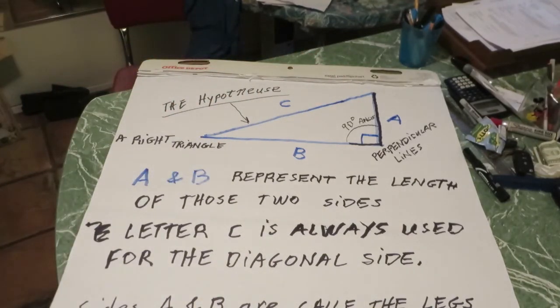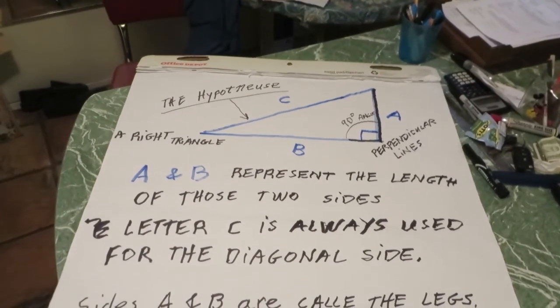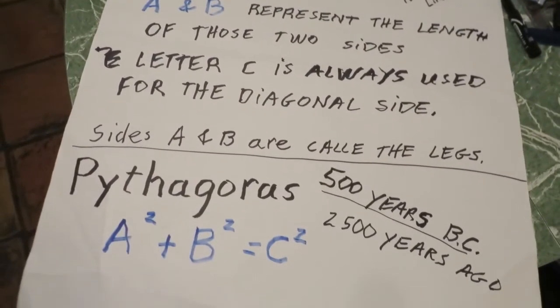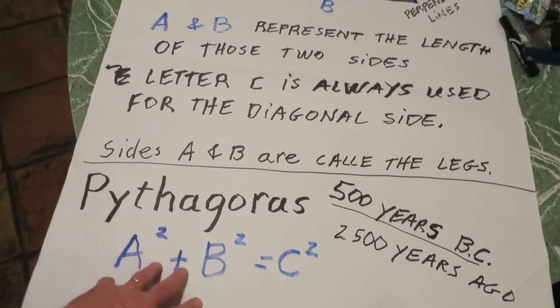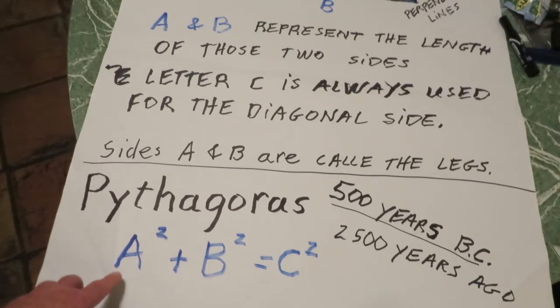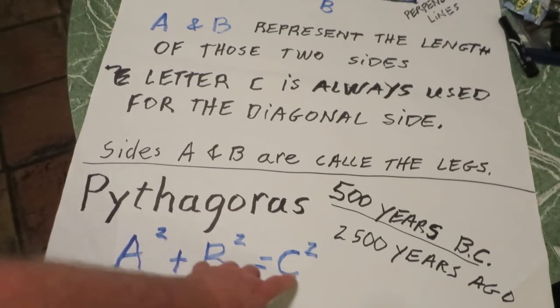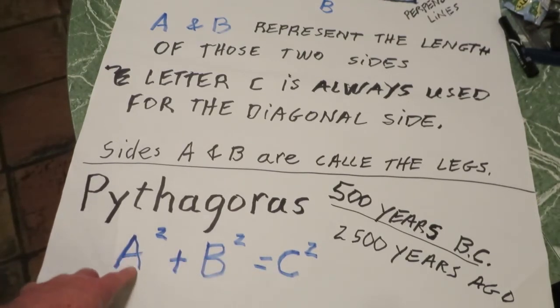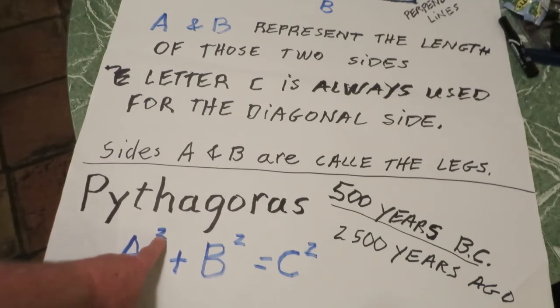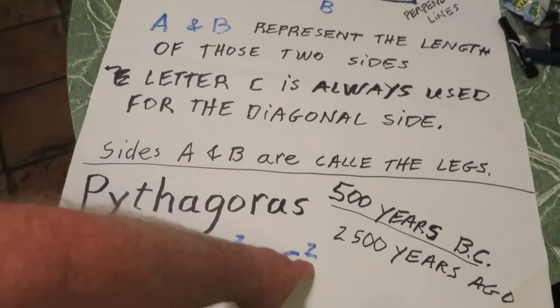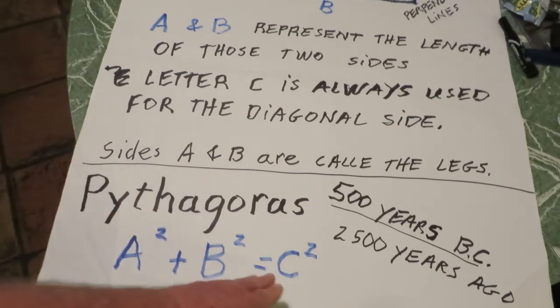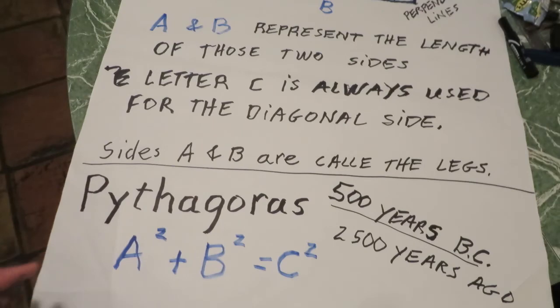But the wonderful thing that Pythagoras figured out was that if you squared all three of these numbers, they fit into this formula, A squared plus B squared equals C squared. So we mean the length of A squared plus the length of B squared will give us the length of C squared. And then you can convert a squared number back to an ordinary number.